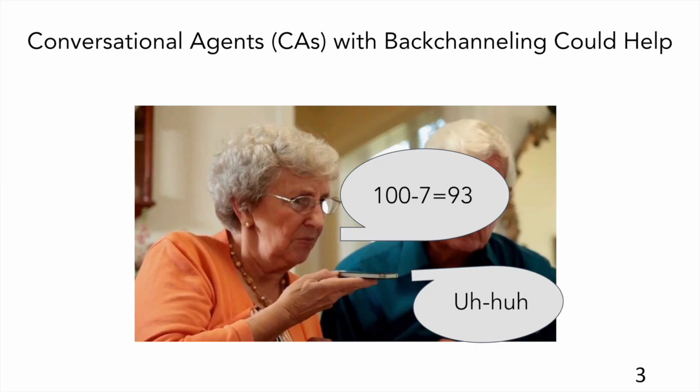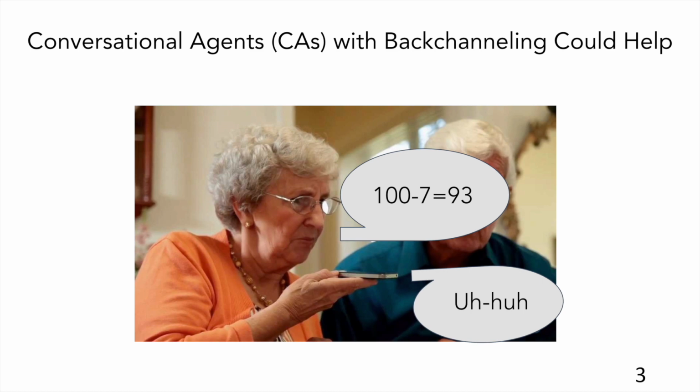Conversational agents, CAs, have great potential in NCD screening. Backchannels, a kind of listener's response intending to hear from the speaker instead of taking a turn, could be applied to CAs to engage older adults and elicit conversational speech for NCD screening.